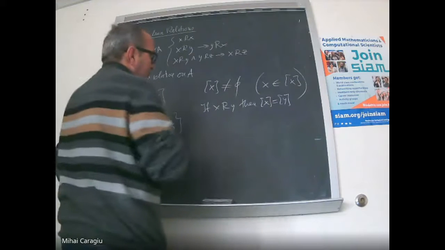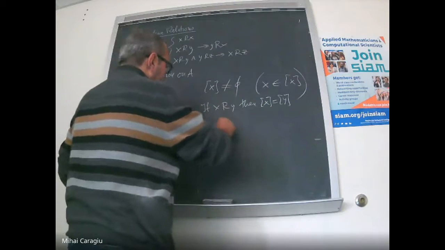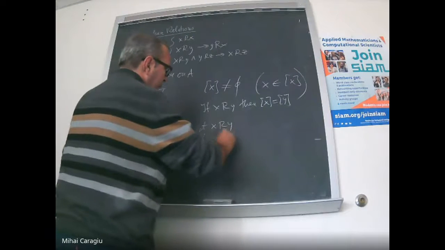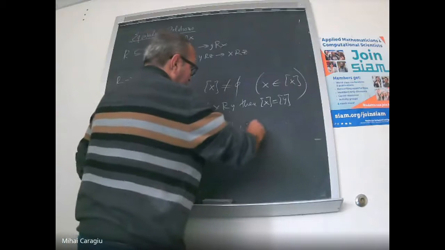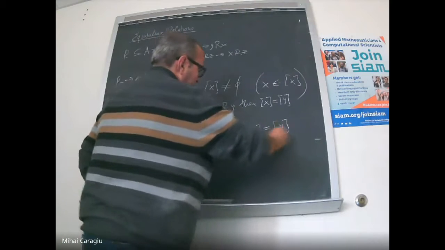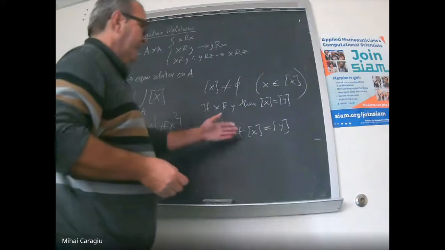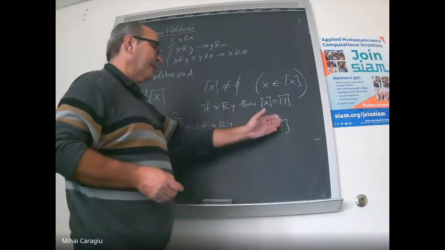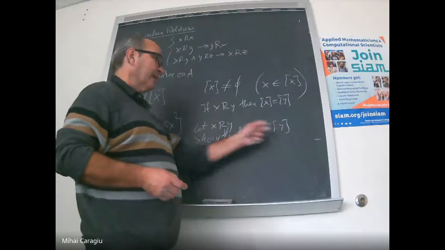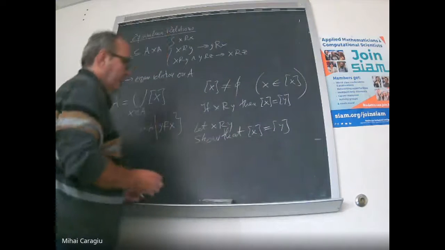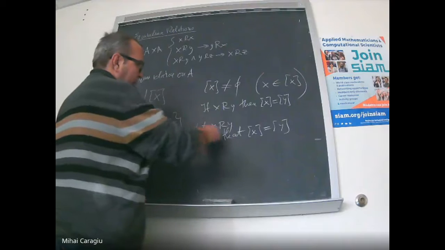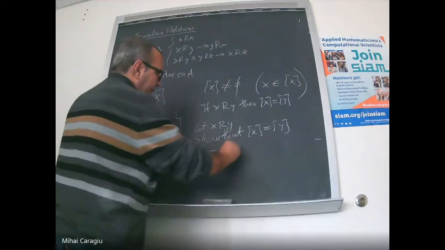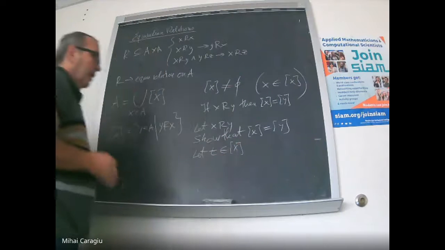So let's see. Let X R Y. How to show that the block of X equals the block of Y? Simply, we show an equality by letting an element belong to the left-hand side and proving it is in the right-hand side, and similarly letting an element belong to the right-hand side and proving it is in the left-hand side. So we assume that X R Y, and let T belong to the left-hand side, the block of X. How to translate this?